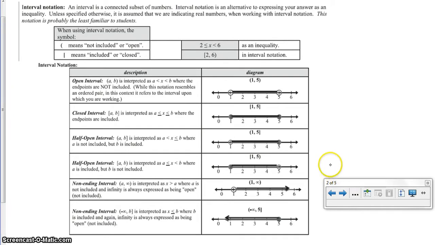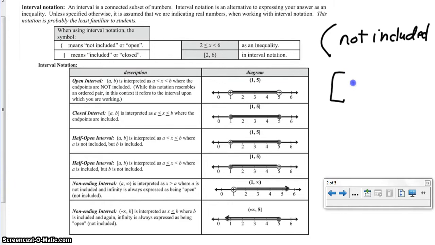All right, now welcome back. What's important to know is that when you use a parenthesis, this means it's not included, okay, or it's open. This means it's included or closed, okay? Now, this is real important when we talk about the concept of infinity. Yep, that's infinity. Or negative infinity.